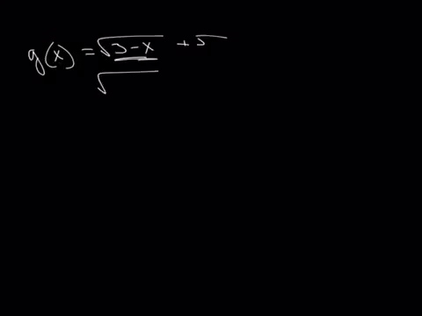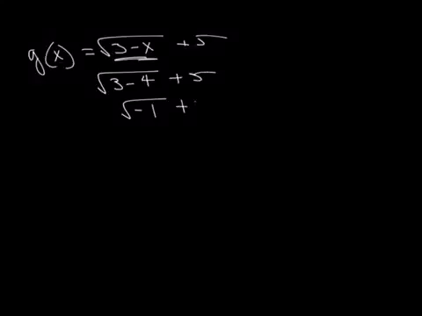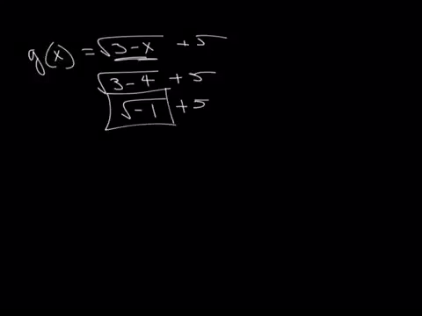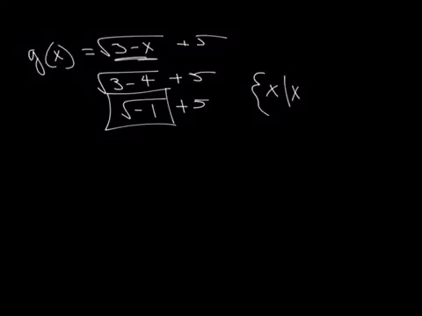If x were 4, we'd get the square root of negative 1 plus 5, right? Can't have a negative radicand. So the numbers, the domain that works are x such that x is less than or equal to 3.